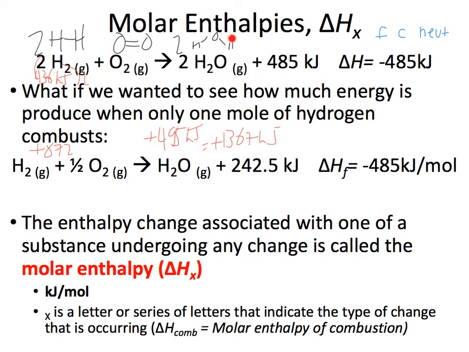Now, when I form this water, the formation of each OH bond will release 463 kilojoules. But like we said before, in one molecule of H2O, there are 2 OH bonds. There are 2 molecules, so I need to multiply this by 4, and what I get is negative 1852 kilojoules.